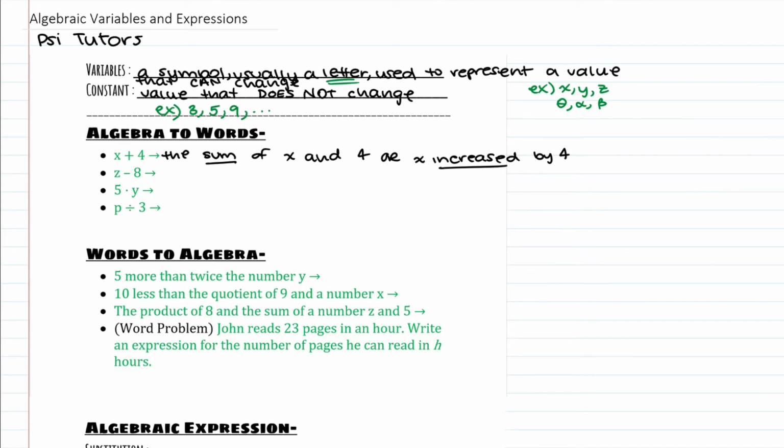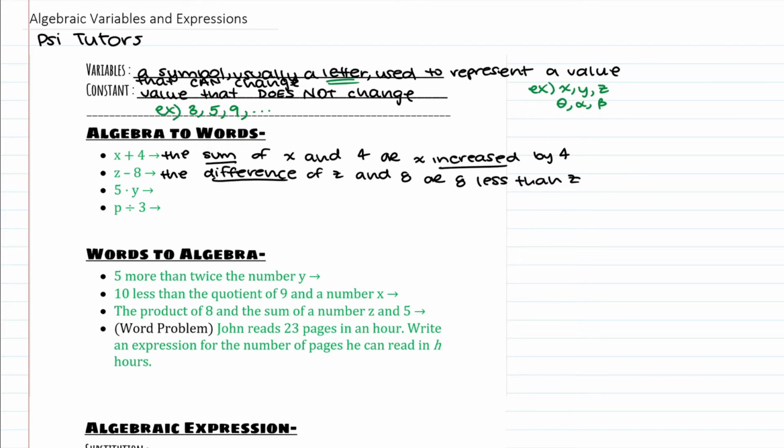Okay, now let's move on to z minus 8. So z minus 8 can be said as the difference, again using that key term, difference of the variable z and the constant 8, or 8 less than z.